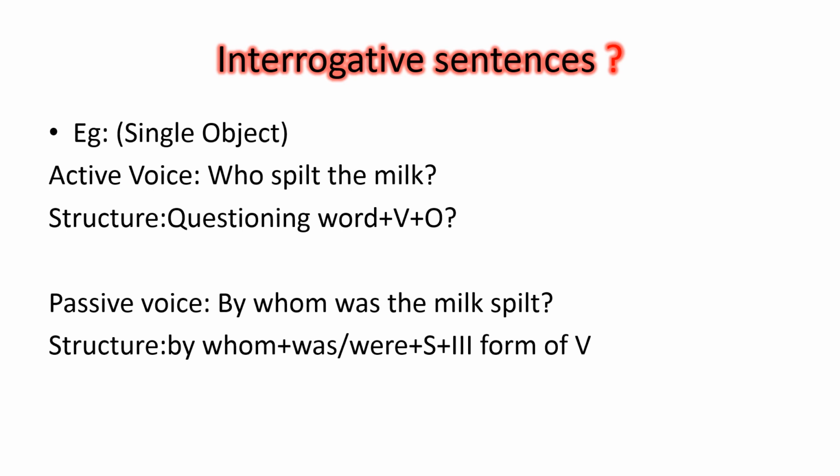Here, the interrogative sentence which ends in a question mark will end in a question mark even in the passive voice, with the difference that when we start with the questioning word in active voice, in passive voice we might start with by whom, etc. For example, if there is a single object in a sentence, Who spilled the milk? the sentence will change into passive voice like By whom was the milk spilled?